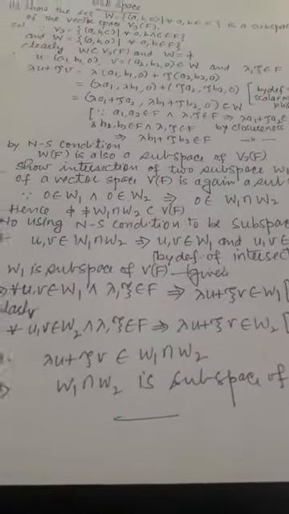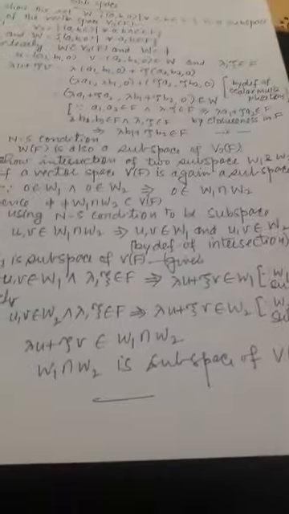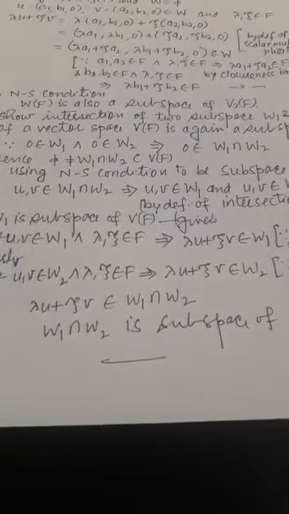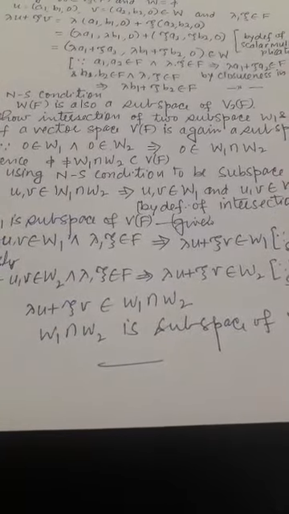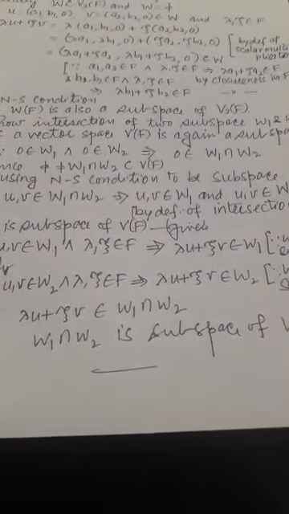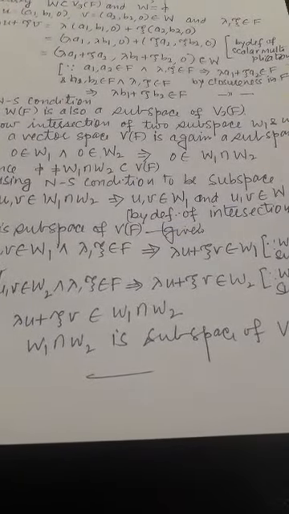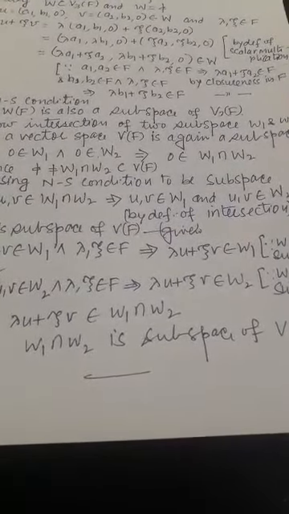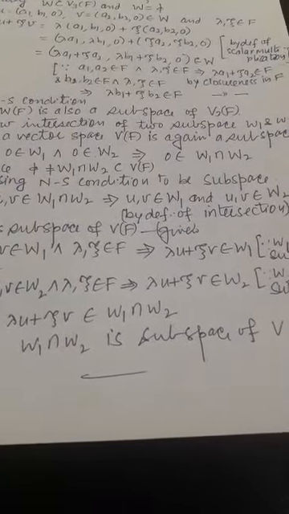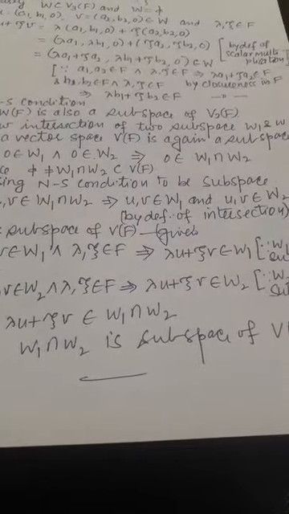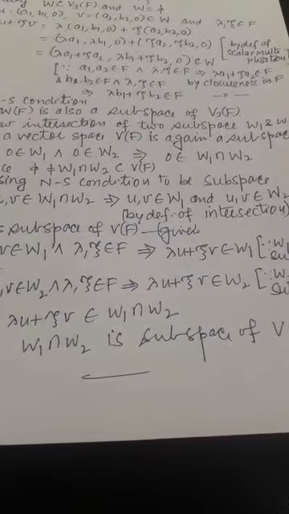Now we define a very important interesting theorem. Show that the intersection of two subspaces W1 and W2 of a vector space V over the field F is again a subspace of the vector space.